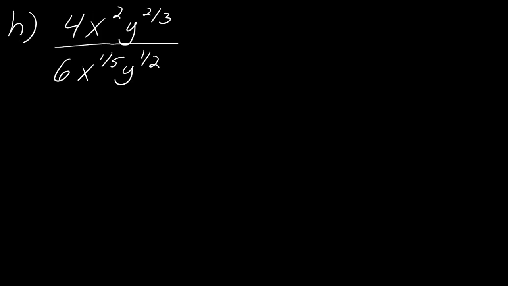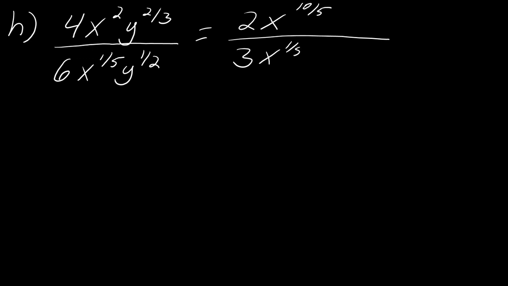And for the last one, same idea. Again, just challenge yourself. You can try this one and hit play when you're ready. So I'm going to divide the top and bottom by 2 to get this party started. And then I'm also going to write these fractions with the proper denominator. So instead of writing x squared, I'm going to write this as x to the 10 over 5 so that I can easily compare it with this other x in the denominator.